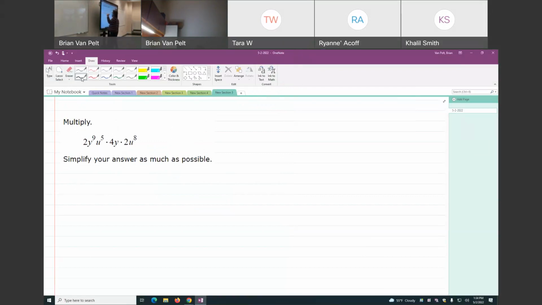So what I would do is I would rearrange it. I would have 2 times 4 times 2. Those numbers would be out front. And then I would collect the y's together. Y to the 1, to the 5th. I don't know if you need it, but these were all multiplied together.